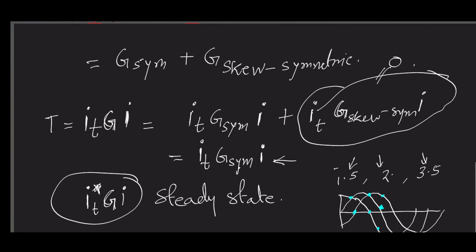But if I give you only these three values at a given time point, here, then does it make sense if I ask you to take its conjugate? Of course not. So that is the difference.